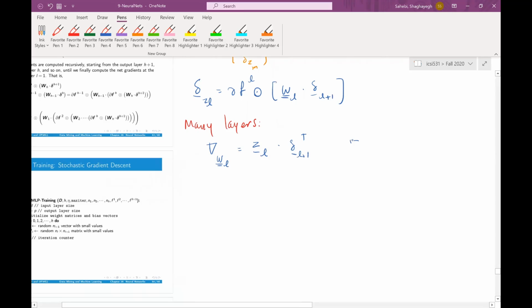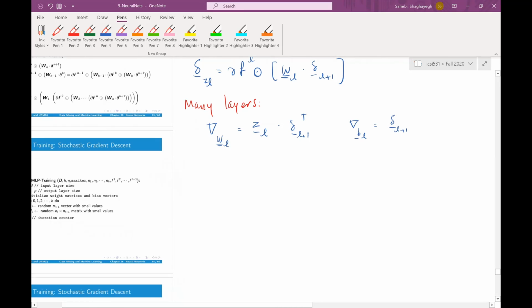The derivative with respect to b_L is similar. It's basically the net gradient for the L plus 1 layer, because the z for the bias is always 1, right? So it's going to be equal to net gradient of L plus 1.